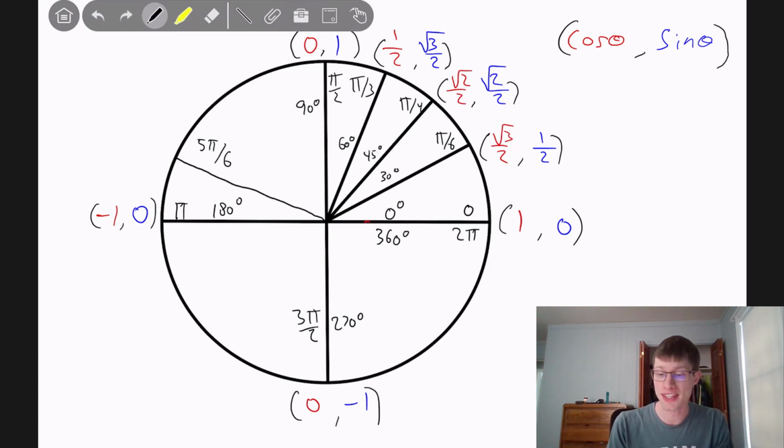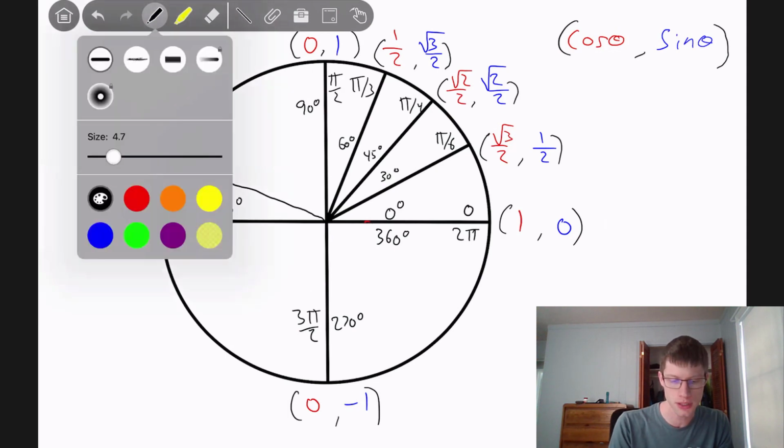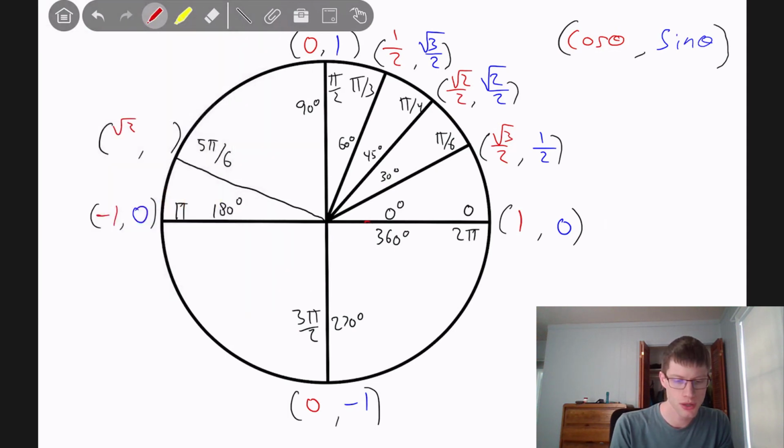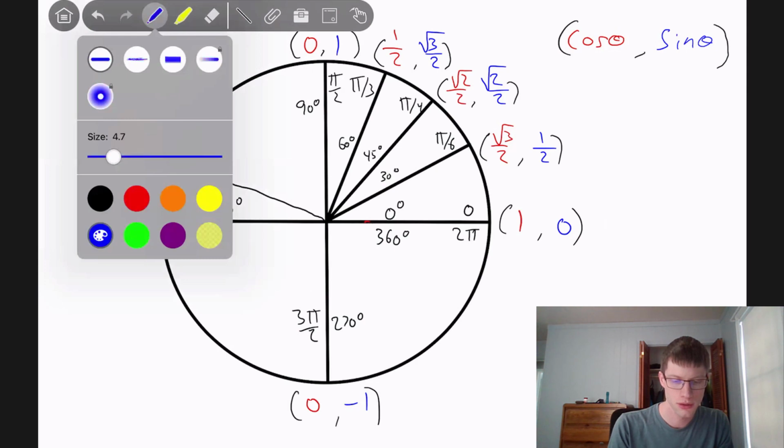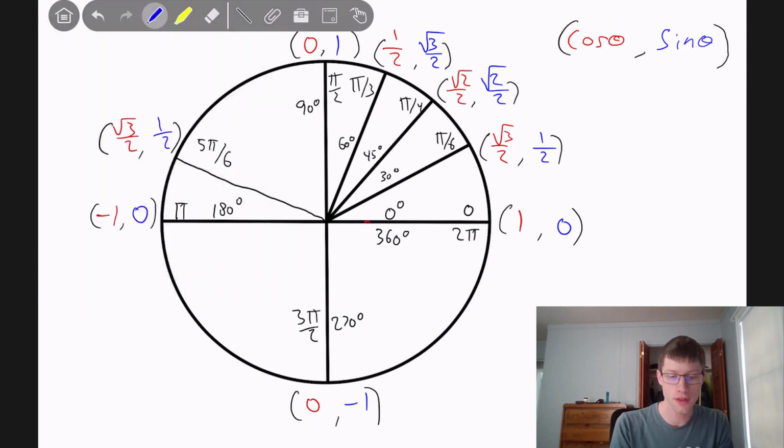So that means I'm going to have the same x and y coordinates as pi over 6, except the signs could be switched. It's still going to be square root 3 over 2, comma 1/2, except the signs could be positive or negative rather than positive as they were in the first quadrant.